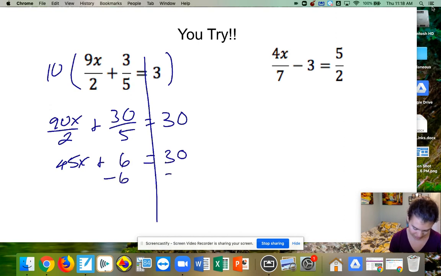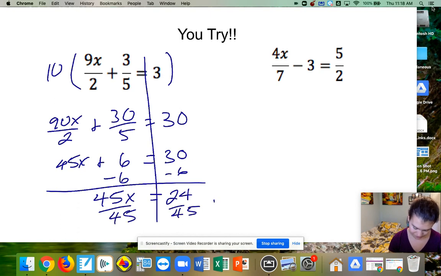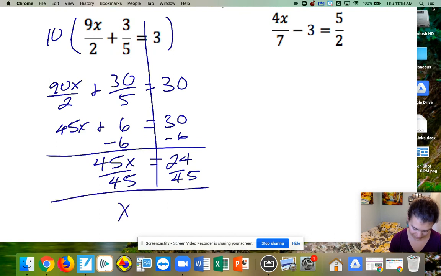Subtract 6 from both sides. 45x equals 24. We're going to divide by 45 on both sides. And then we need to simplify that fraction. So here we could divide each of these by 3. And that will give you 8 over 15.